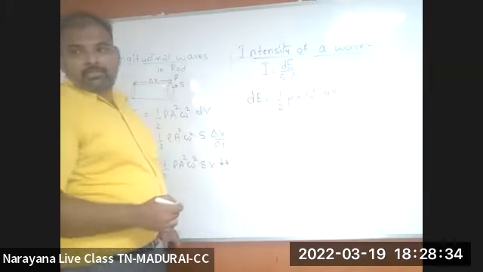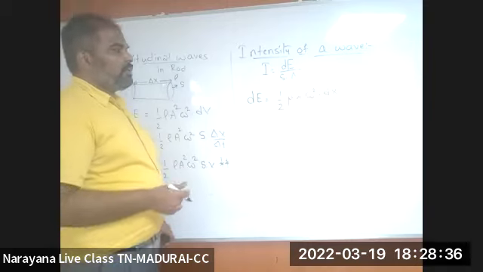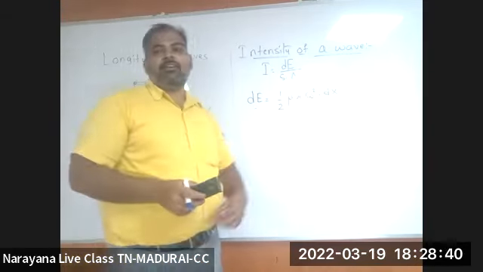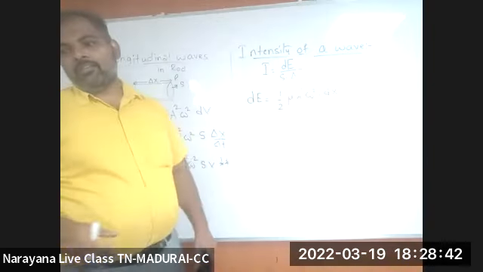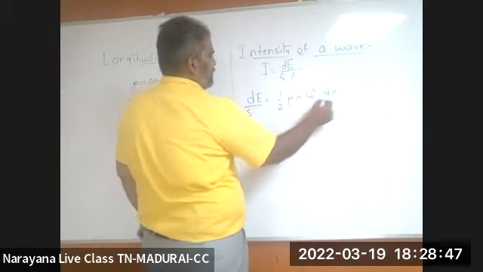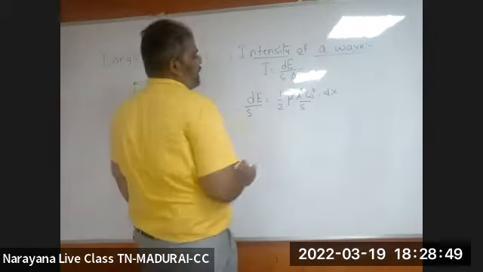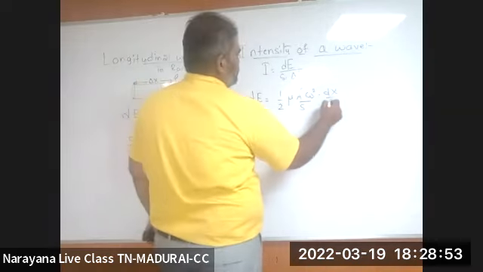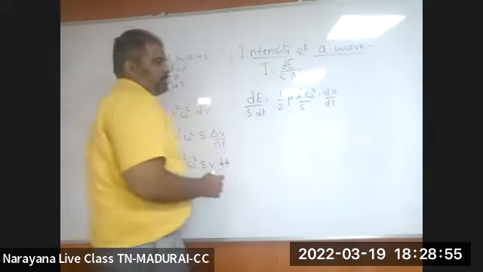Understood? But I want intensity. What should I do? On either side, divide by the area of the circular cross section. And here I am dividing by the time taken.